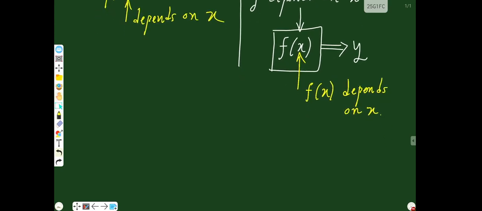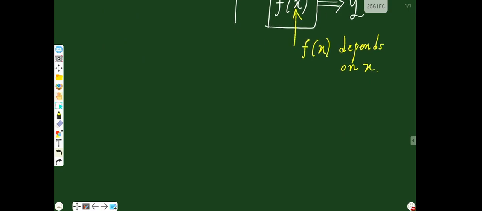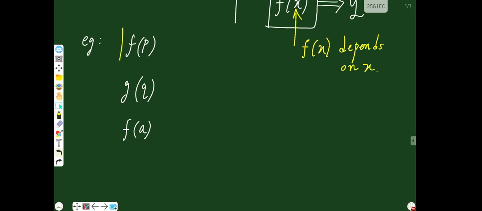Now, if you think about this example: f of p, g of q, f of a. All of these are dependent variables, but the letter inside the bracket tells you what it depends on.